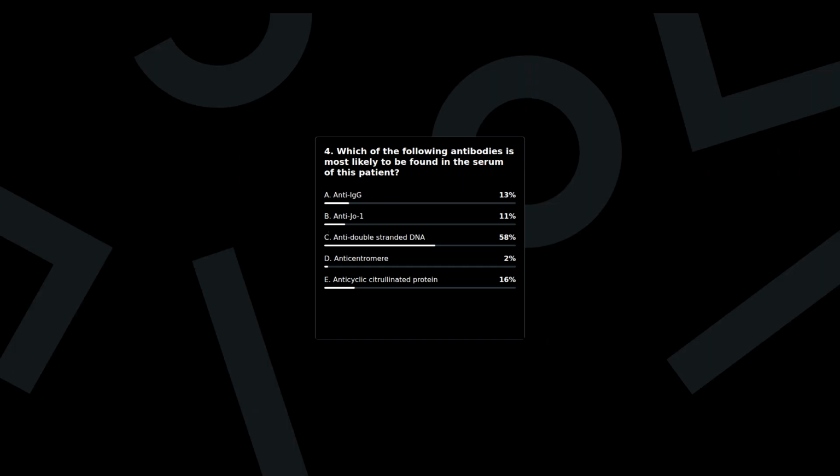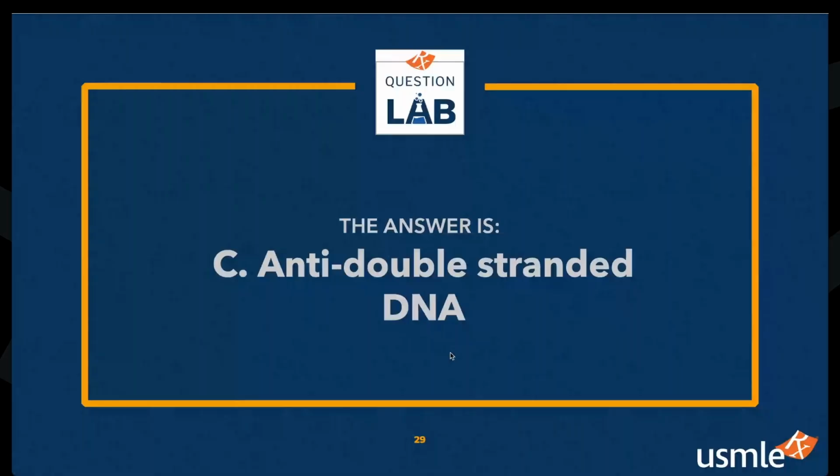Not many votes for anti-centromere, so not many of you were expecting to see that. Okay, well, with that, let's go ahead and close the poll, and we'll reveal the answer. And the answer choice is indeed anti-double-stranded DNA. Answer choice C.